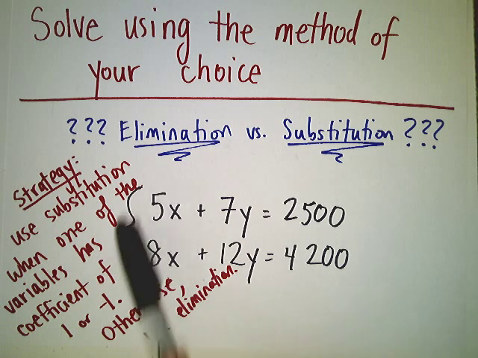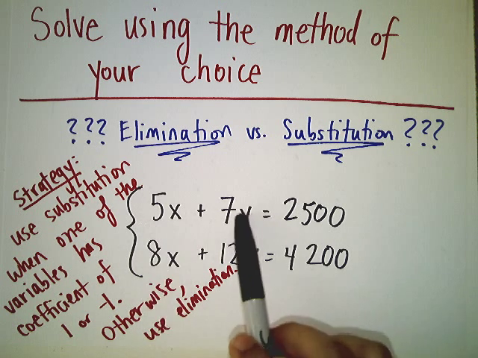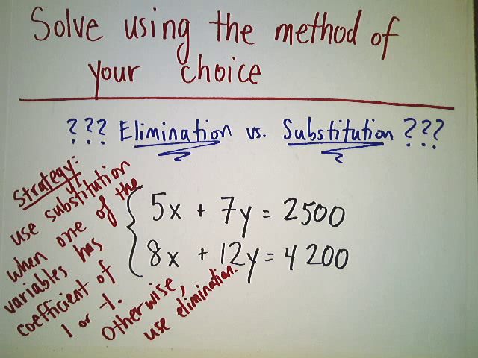So let's check this system: 5x plus 7y equals 2,500, and 8x plus 12y equals 4,200. Look, none of the coefficients, 5, 7, 8, and 12, are 1 or -1. So in this situation, I want to use elimination. So let's go ahead and do that together.